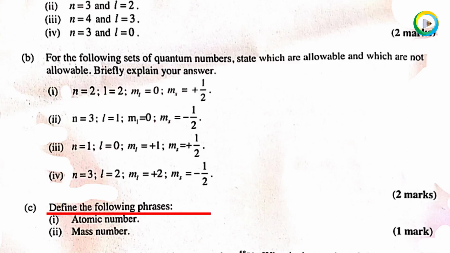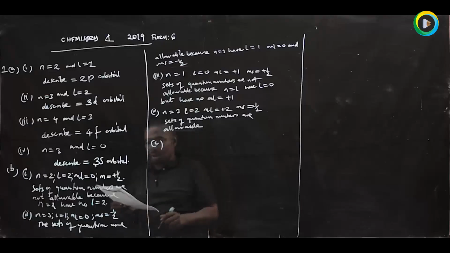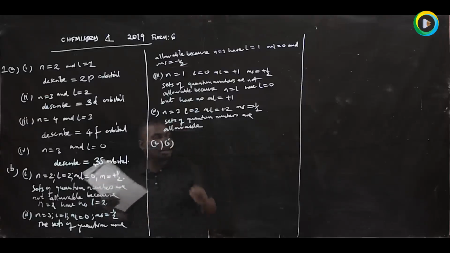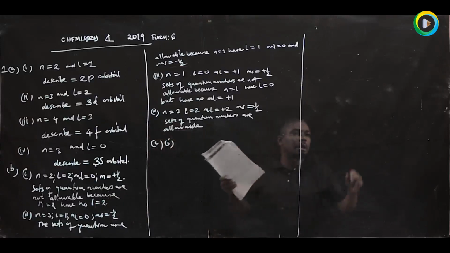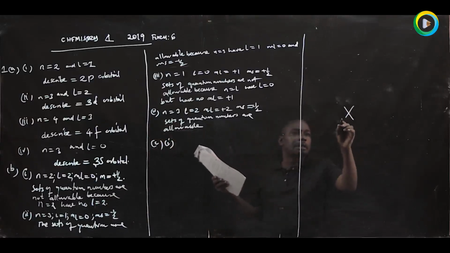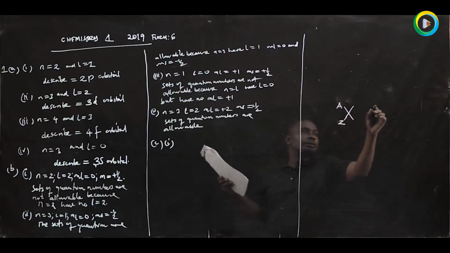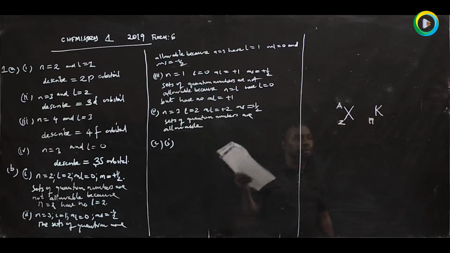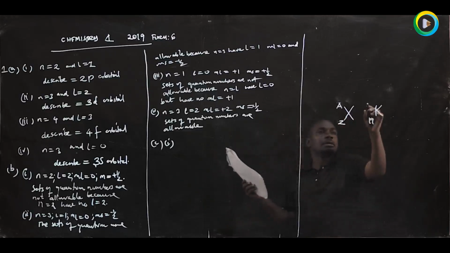Define the following phrases: atomic number, mass number. Atomic number is the number of the element written below, and mass number is written above. For example, potassium has atomic number 19 and atomic mass 39.